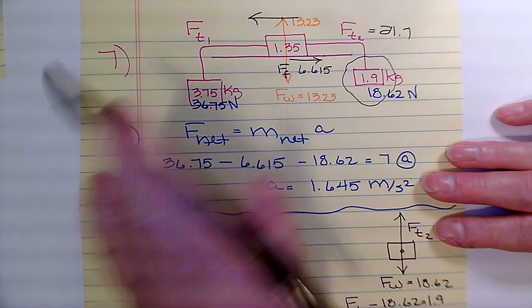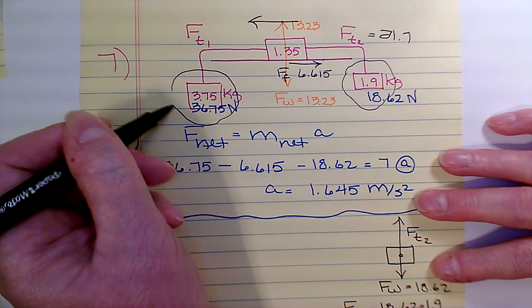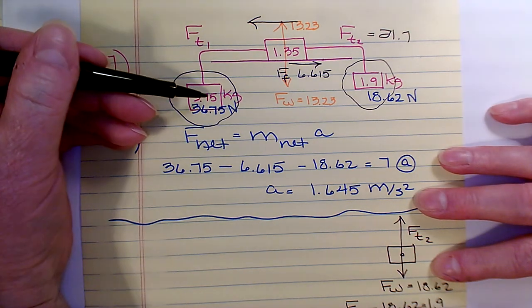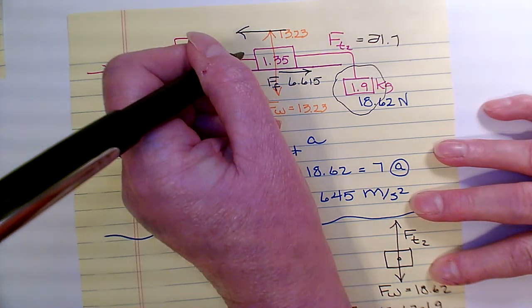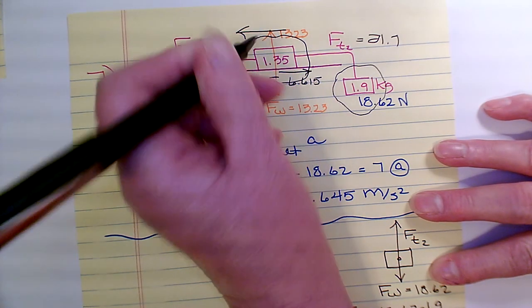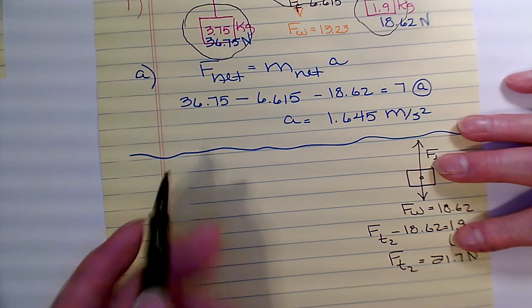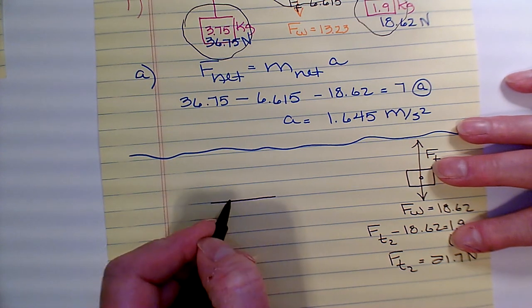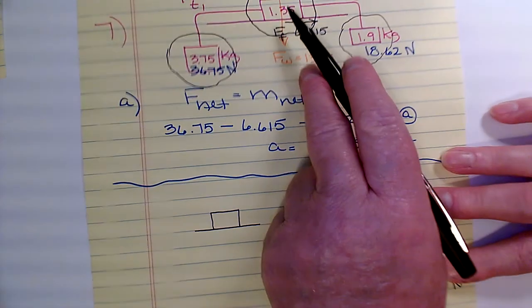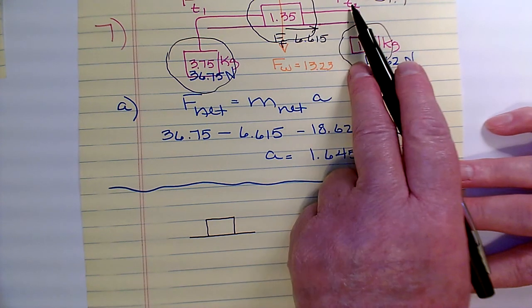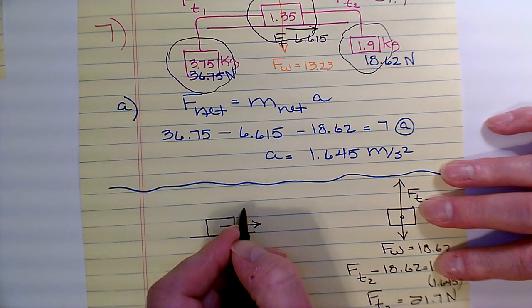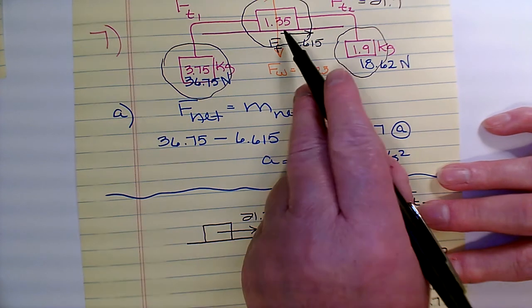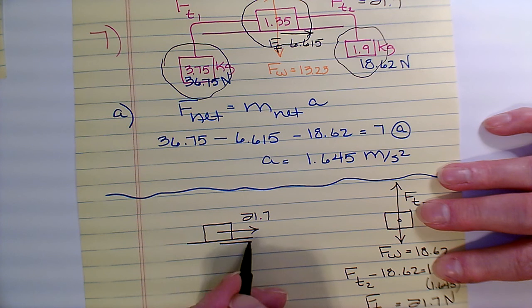All right, to find FT1, I could do the identical thing over here, but I would make the Fw arrow longer because he would be going down. Or I could do the one in the middle. This one's a little bit more complicated, but I'm going to do that one, partly because it is more complicated. So I'm going to draw the box on the table. On the box on the table, I see I have an FT2 going this way, so I'm going to draw an FT2 going that way. We know that answer, it's 21.7. I also see I have friction going that way, so I'm going to draw friction going that way, 6.615.